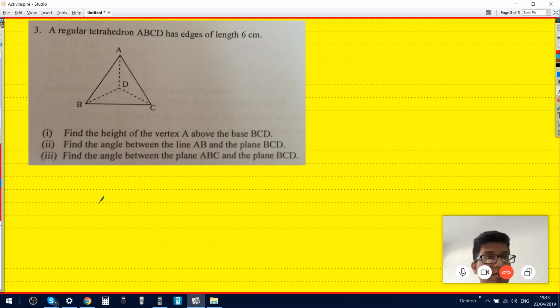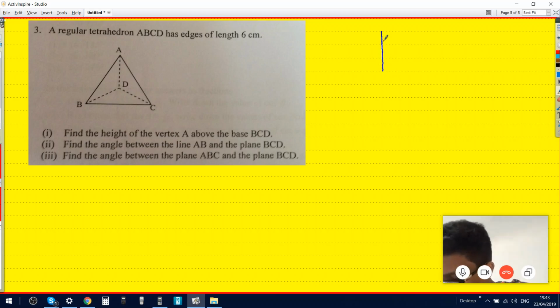We want the height above the vertex, so that's 6. We can find the length, so you can kind of make a right angled triangle and then use the hypotenuse. So you've got 6 there, and then you've got 6 here, and here as well.